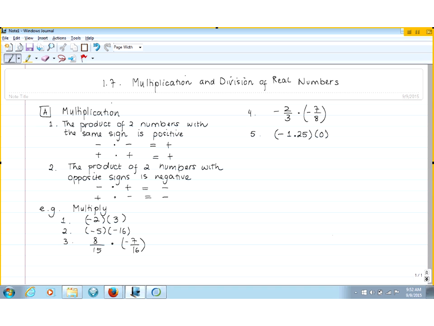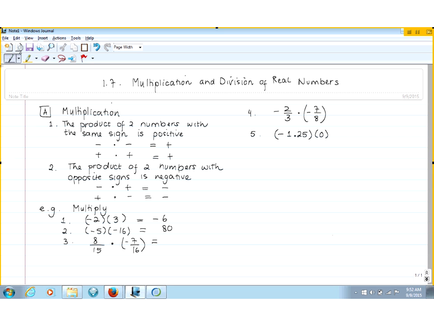So, negative 2 times 3. 6, negative or positive? Yes, negative 6. Alright. Negative 5 times negative 16. Positive or negative? And then 8 over 15 times negative 7 over 16.